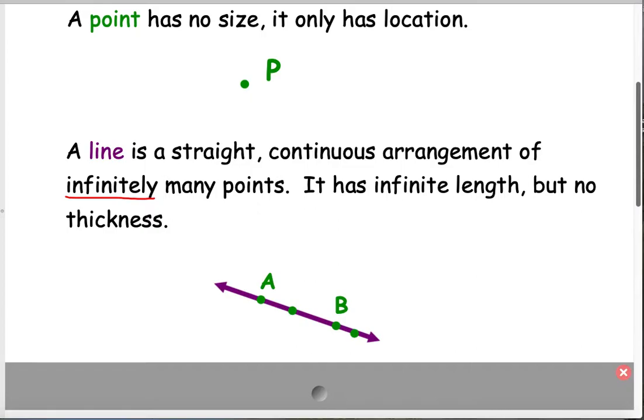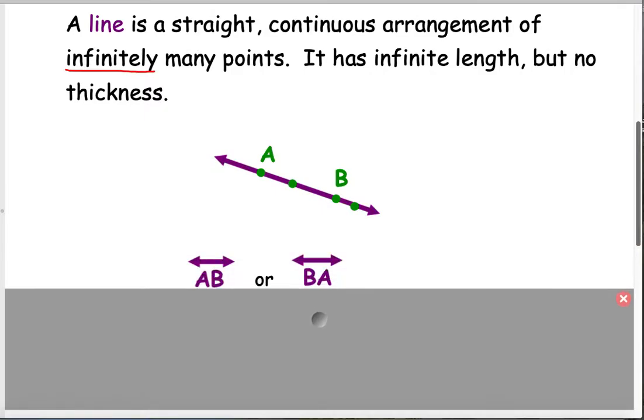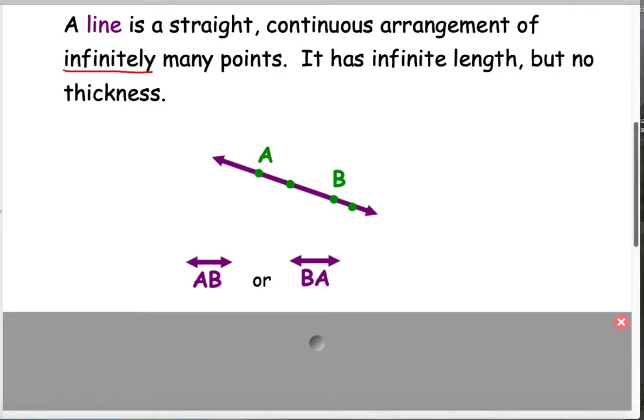And then for a line, we have to at least label 2 points with capital letters for each of those points. And then the notation for a line is you're going to write the 2 letters and then draw a little line right above it. And it doesn't matter the order. So we can call this line, I'm using an arrow, we can call it line AB, or we can call it line BA.